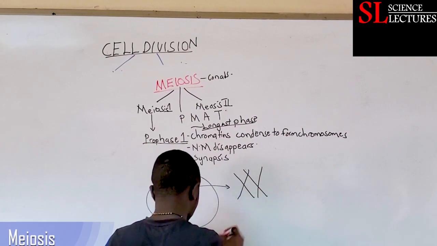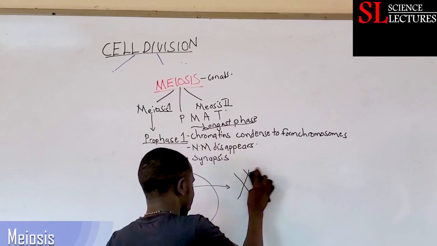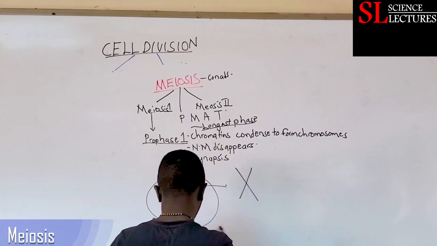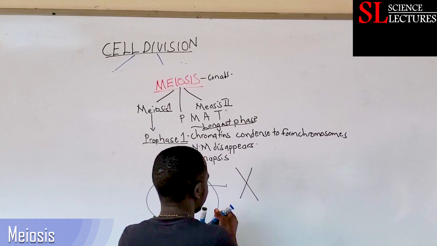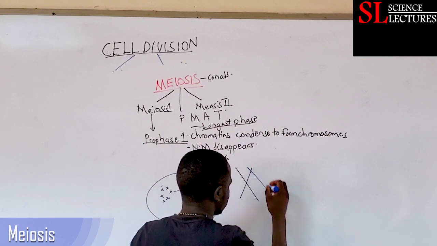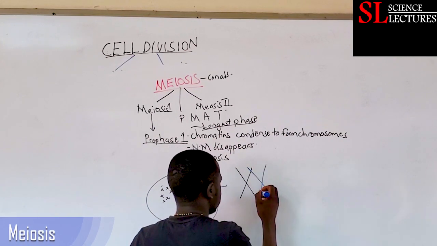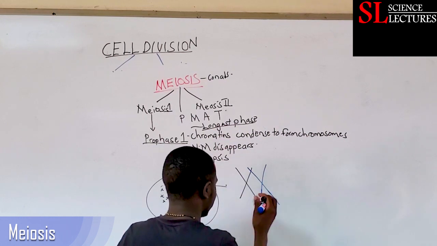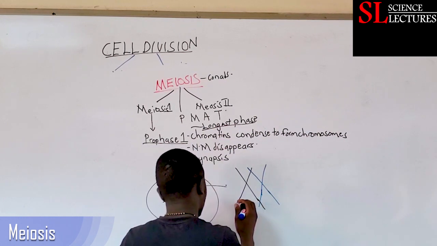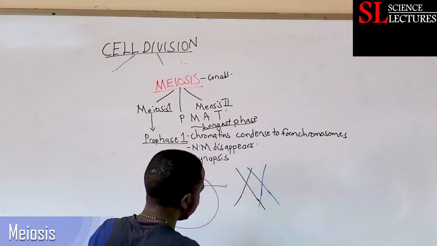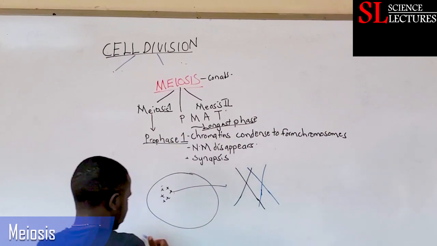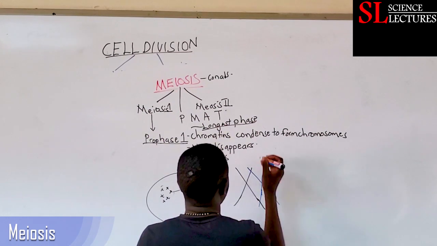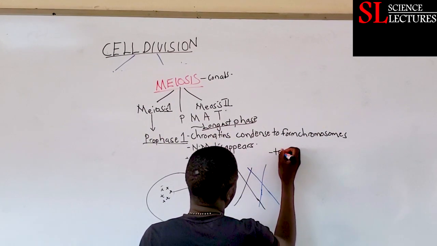If this is my chromosome A, it is going to pair up with chromosome B. This pairing up is what we call synapsis. And when the two pair up, they form what we call a tetrad.